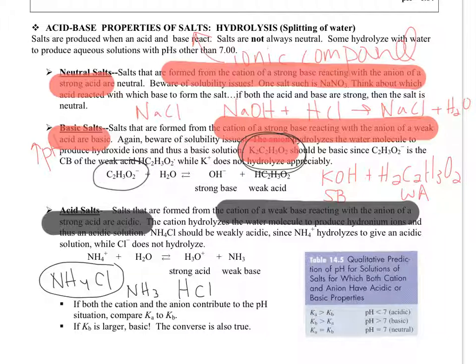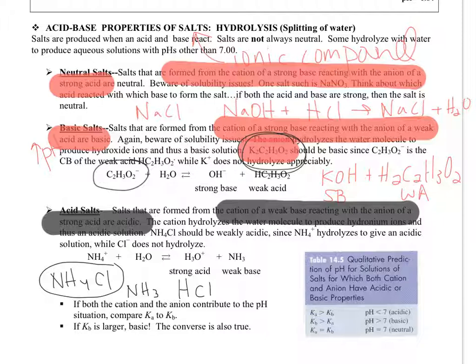Now, in order to be an acidic salt, what do acids do? They donate a hydrogen. So which part of this could donate a hydrogen? The NH4. So NH4 plus in water would donate a hydrogen to make NH3 again, its conjugate base, and that is why that is an acidic salt. This is a salt that could donate a hydrogen.